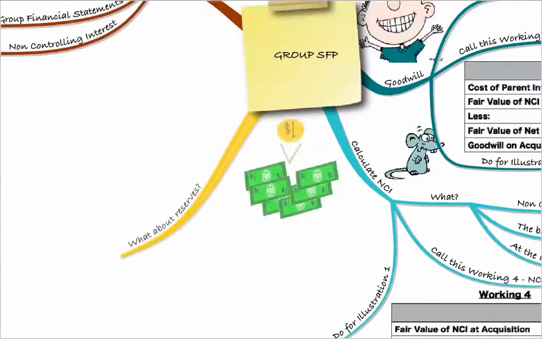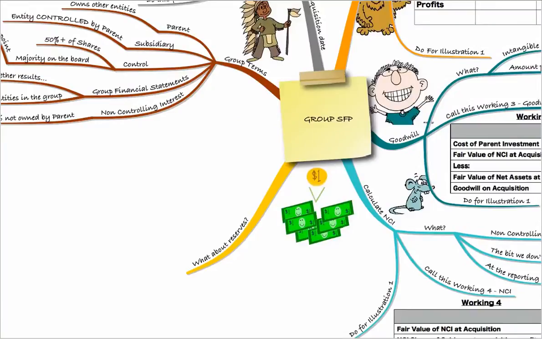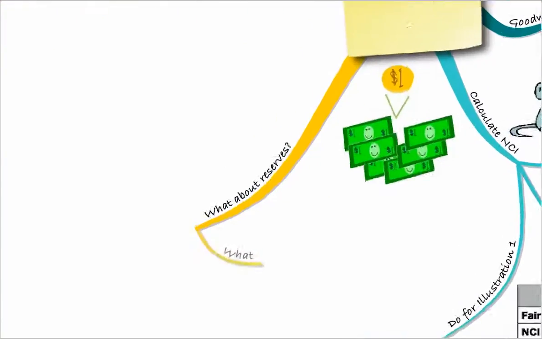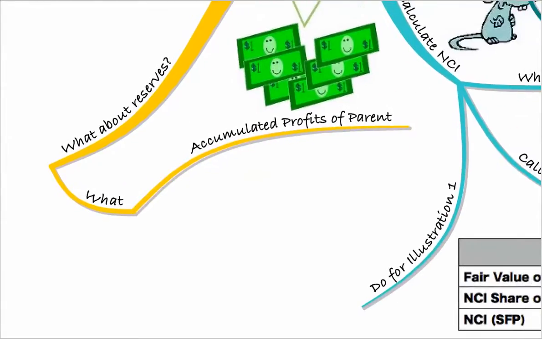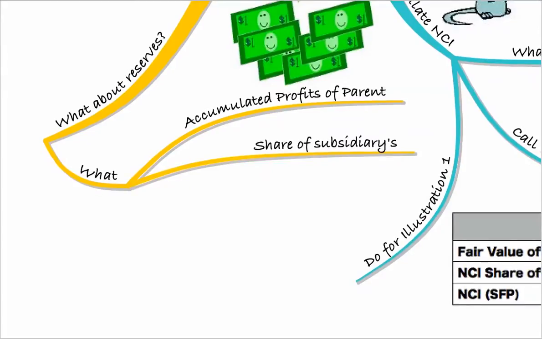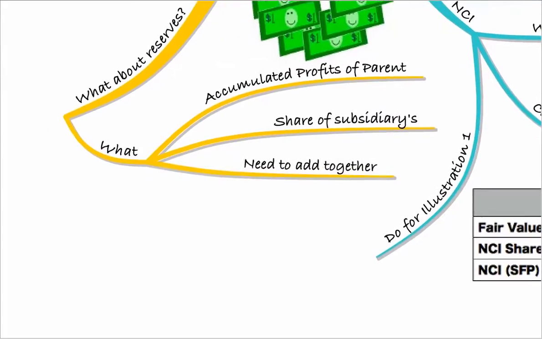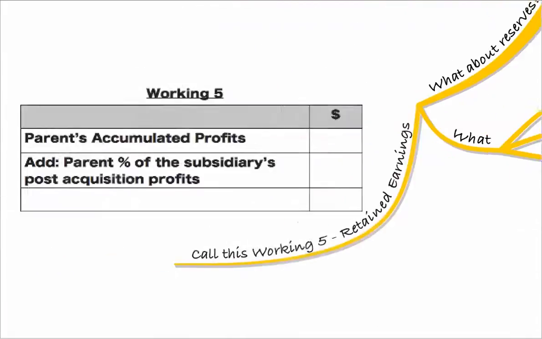The last of our 5 workings then was to calculate our group accumulated profit or reserves. So basically here we take the accumulated profit of the parent at the year end plus the parent's share of the subsidiary's post-acquisition profit, and we add them together. So we did it in this working.